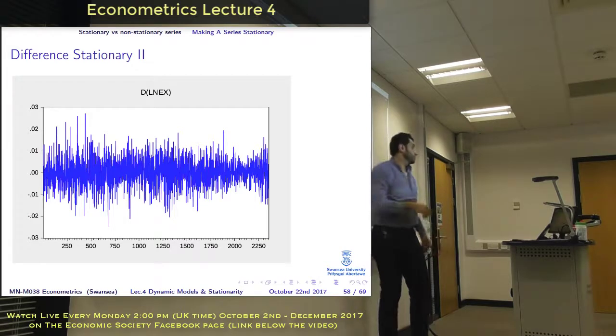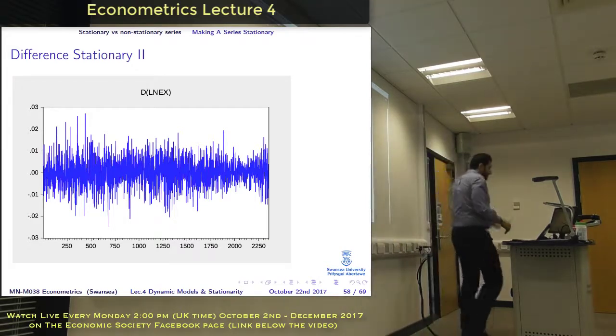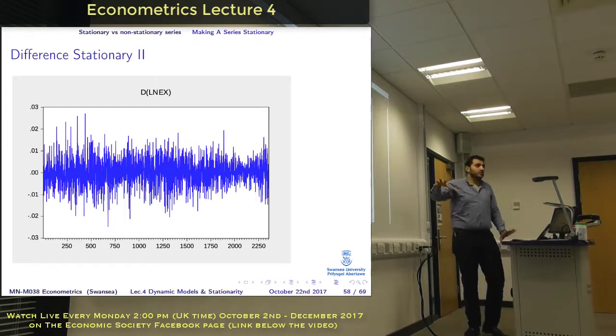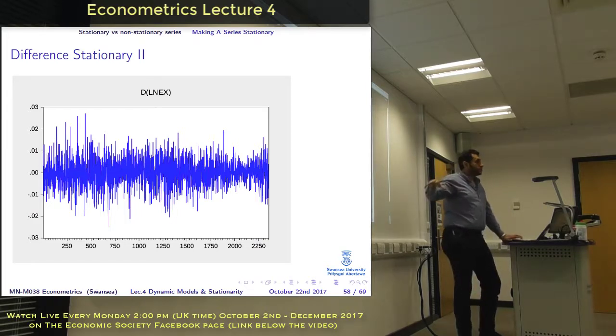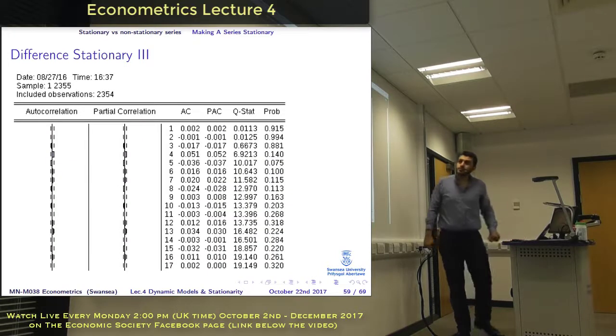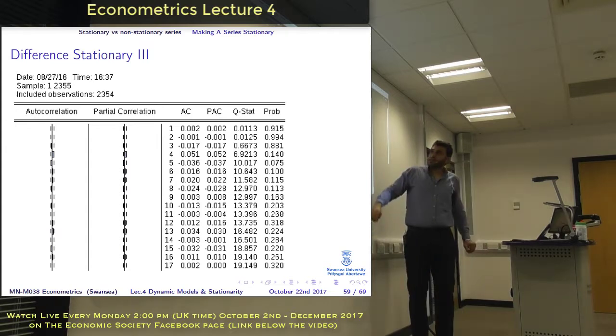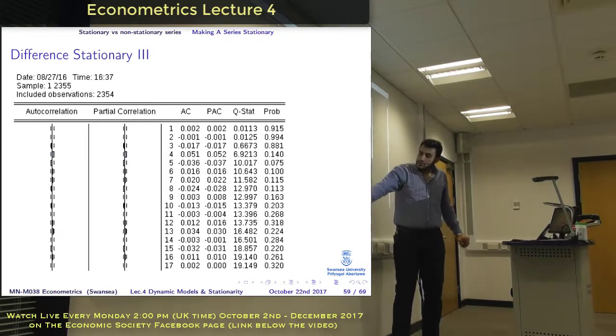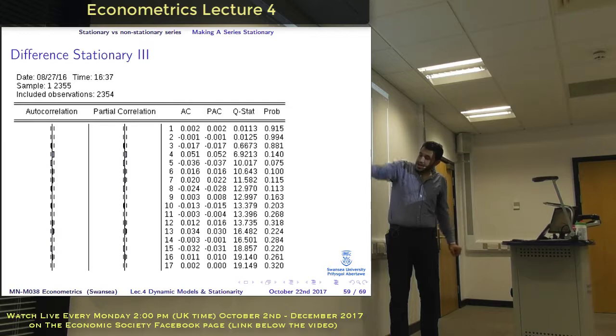So that is the first difference. It's very obvious now that this is stationary. Now it became stationary. Even if you look at the correlogram, remember, it is decaying very fast.